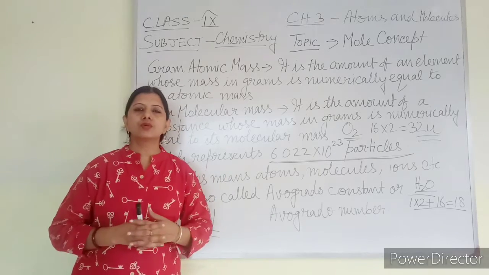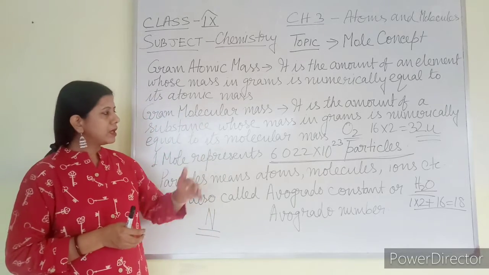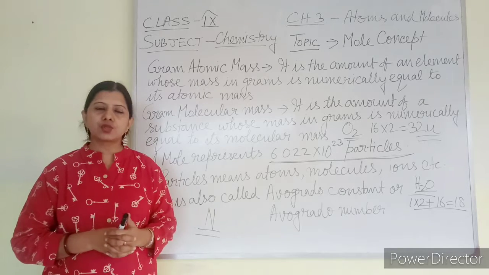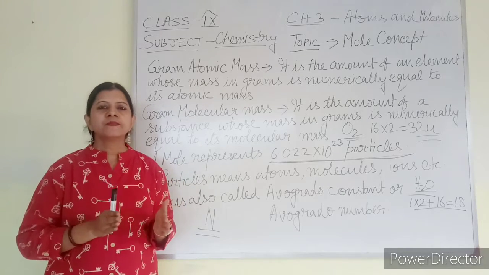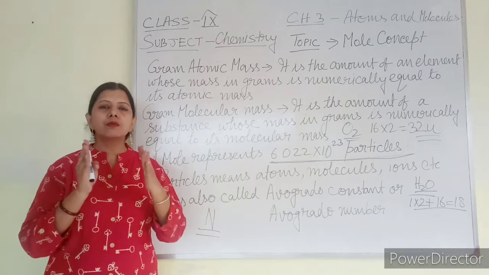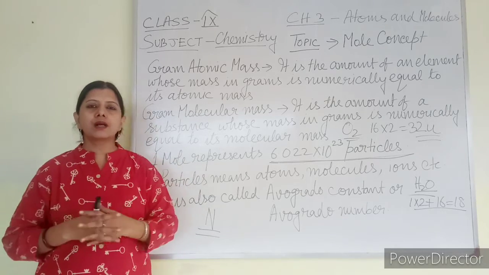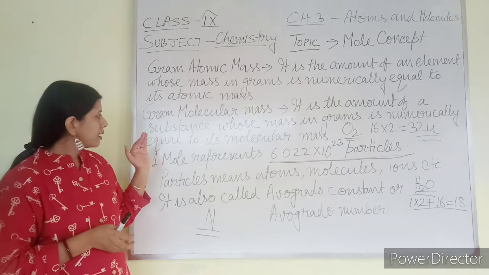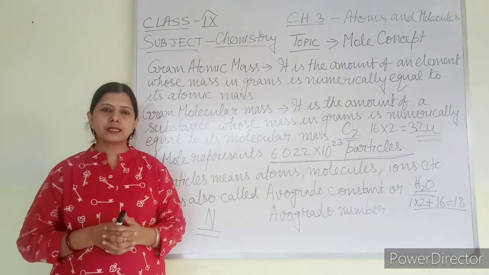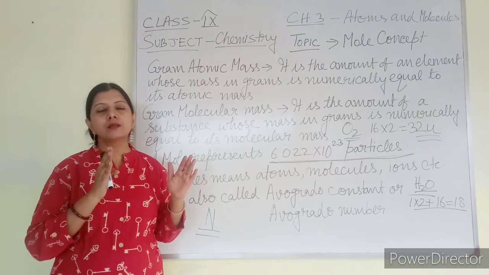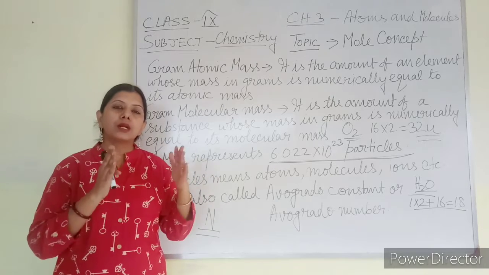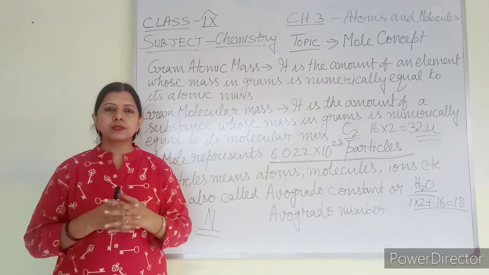Just now I told you about gram atomic mass and gram molecular mass. Actually gram atomic mass represents 1 mole of an element, and gram molecular mass represents 1 mole, that is, molecules of that substance.